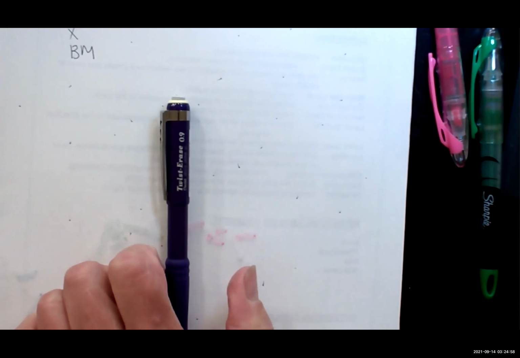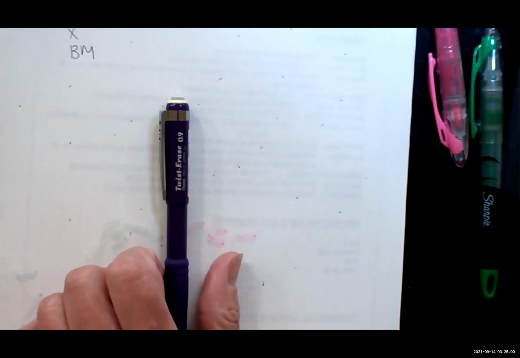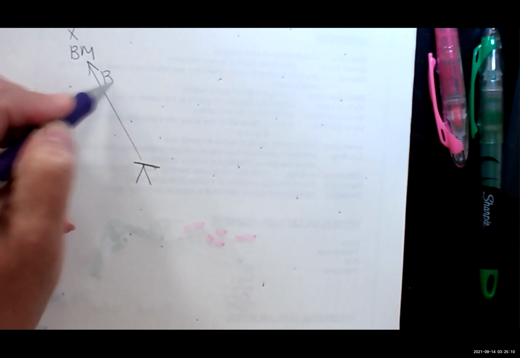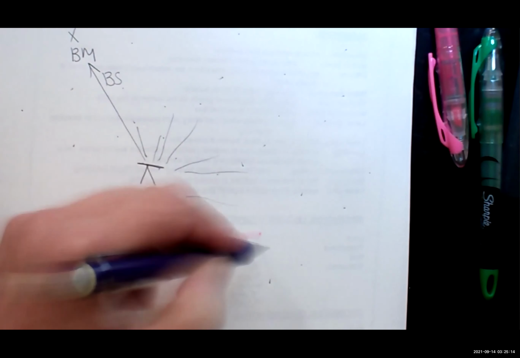Well, it's not worth it to keep moving the equipment, because the most time-consuming part of surveying is setting up and leveling your equipment. So it would be best to just set up in one place, shoot a backside of the benchmark, and then shoot a whole bunch of foresights.